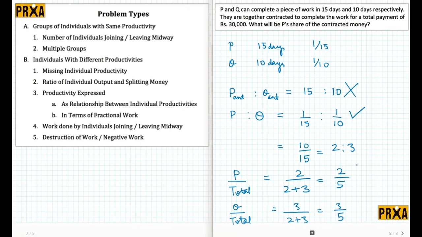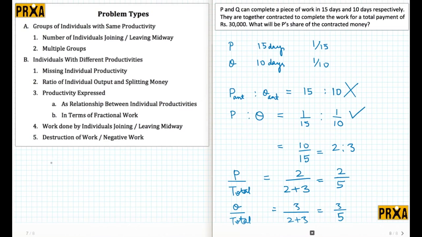So the proportion of work done by P is 40%, and the proportion of work done by Q is 60%. So intuitively now this makes sense. If Q has taken fewer days to do the job, clearly Q is faster, and Q should be compensated higher than the compensation that P gets.